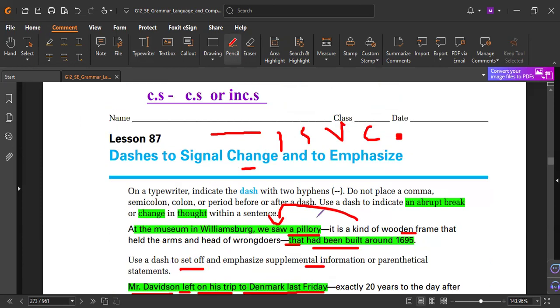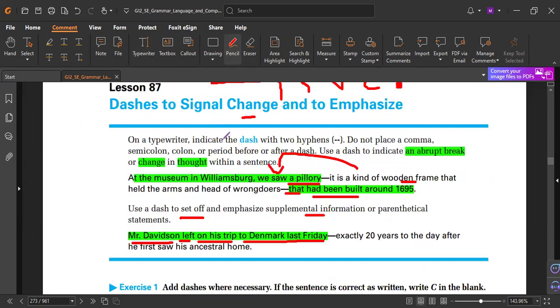It can be complete or not complete. But something very important: after the dash, we have information to emphasize something before. He said exactly 20 years to the day after he first saw his ancestral home. So he tells you how long the trip was.